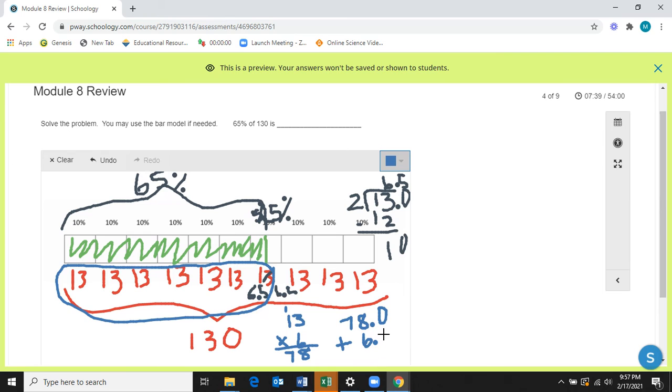So we're going to add 6.5 to this and get 84.5. So 65% equals 84.5, and this is our final answer. Now you could also solve this using a proportion, but 65% of 130 is 84.5.